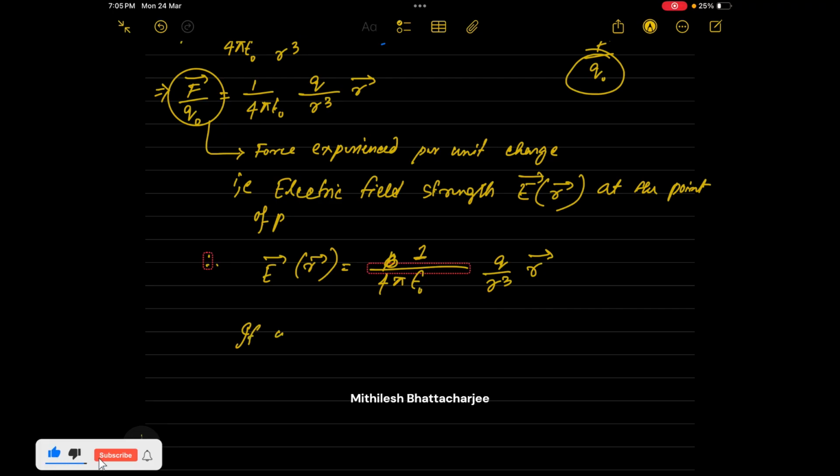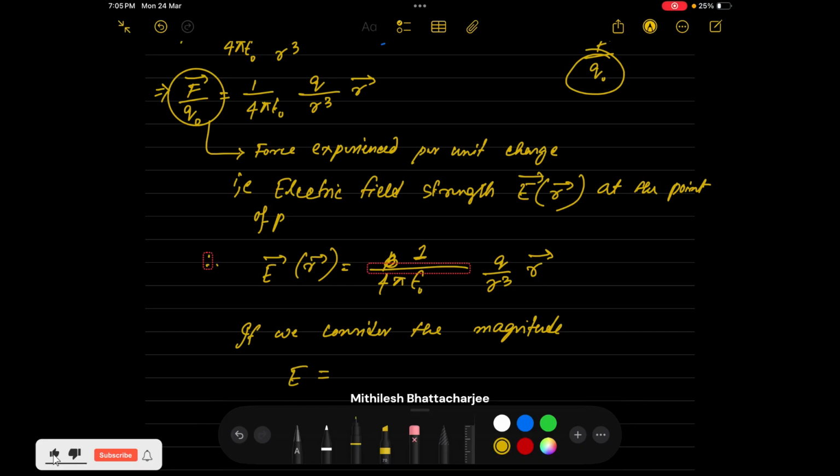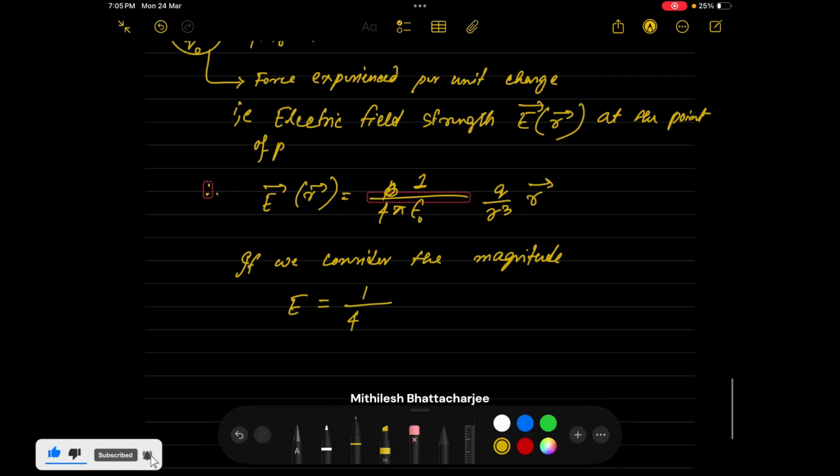If we just consider the magnitude, then E will be equal to 1 by 4 pi epsilon naught Q by r square.